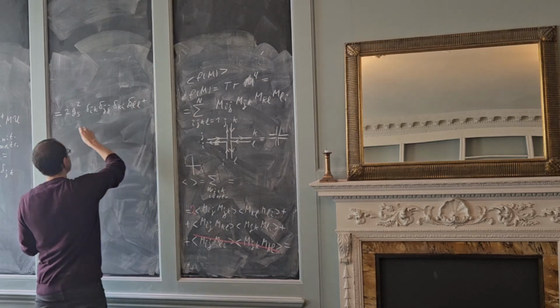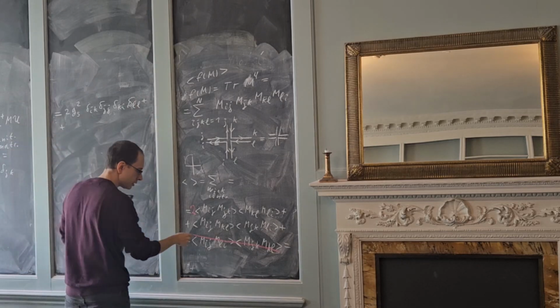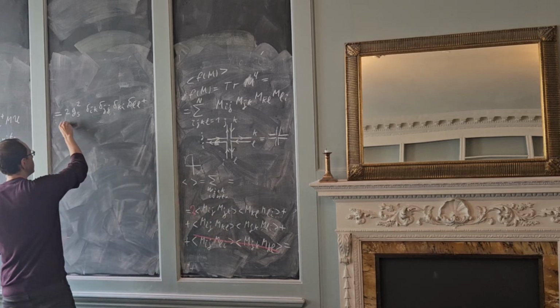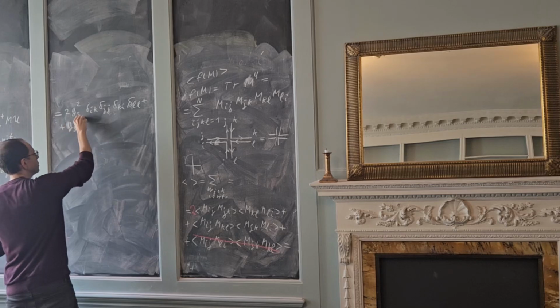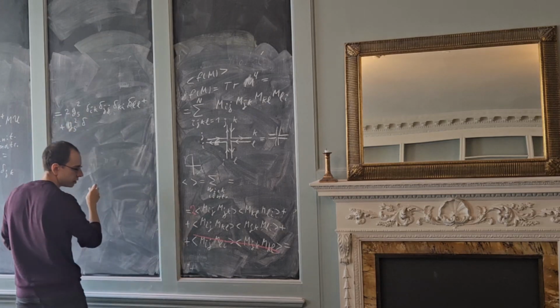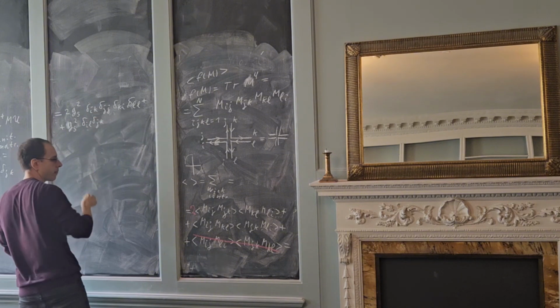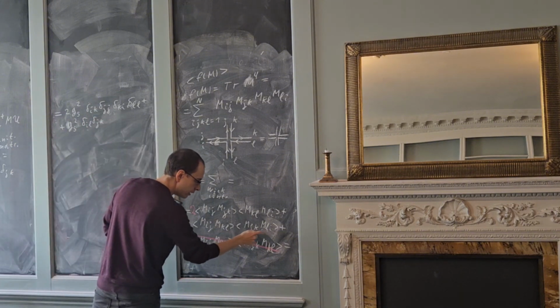And then the second contraction, here IL, JK, again two propagators, g_s squared. So IL, JK, and JI, KL.